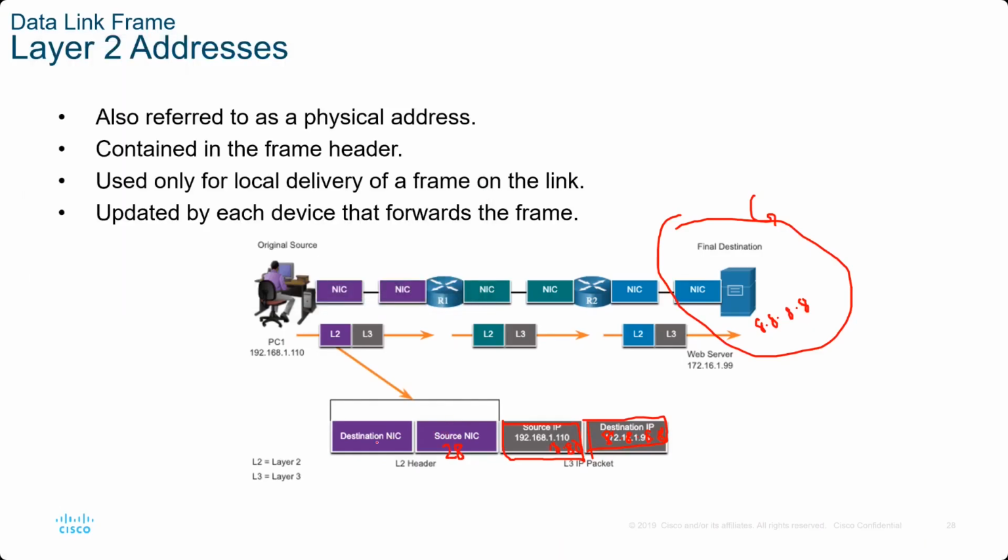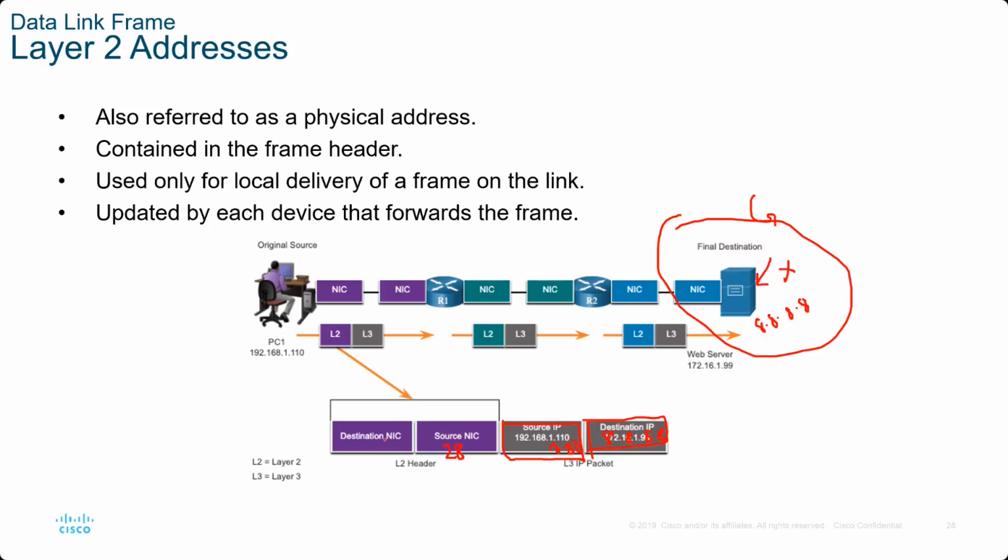Now here's the interesting question. What would be the destination MAC address? It cannot put the MAC address of that computer. That's impossible. There is no way for me to find out the MAC address of that computer, and my computer cannot find it either.